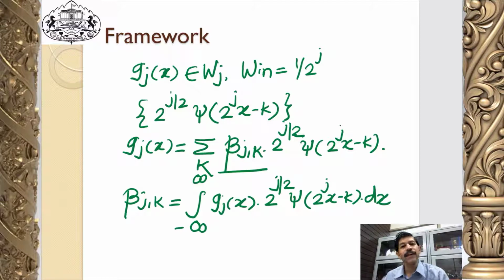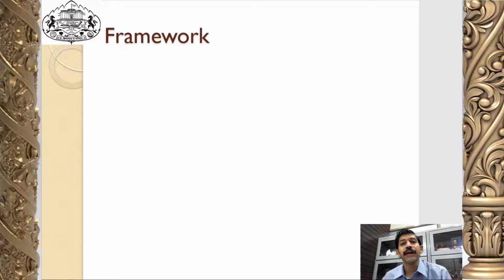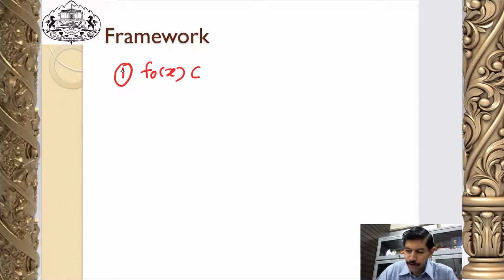And as we have put down the complete framework, let's now put together our objectives, what we want to achieve. The first objective is to calculate f0 of x, which belongs to subspace v0. The second objective is to calculate g0 of x that belongs to w0.